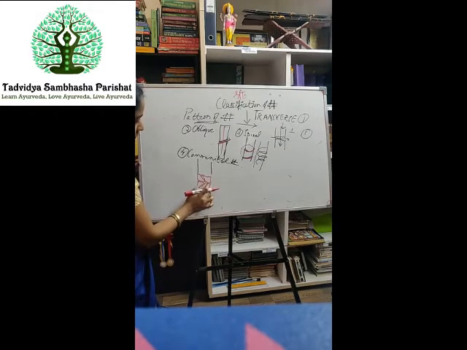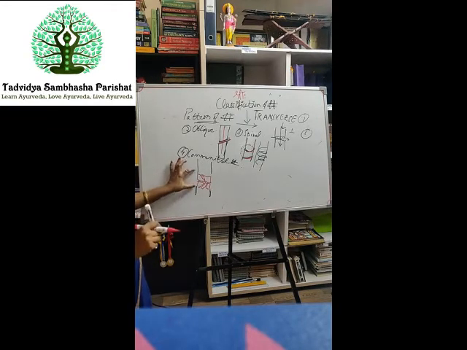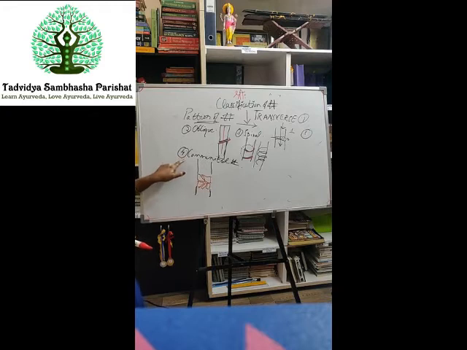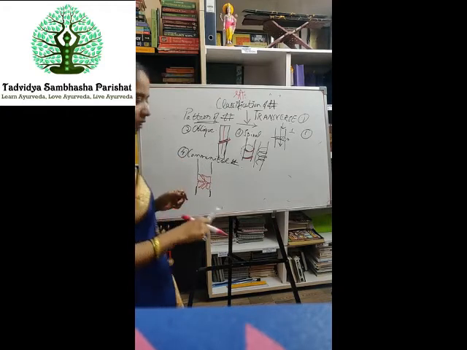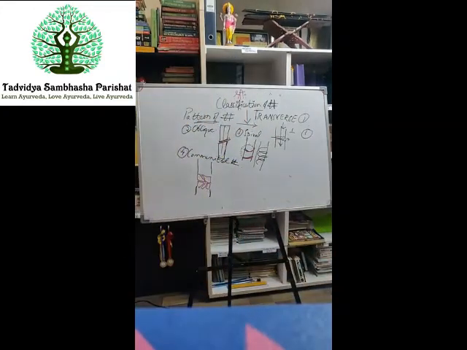The fracture has occurred in this place, but the bone tissue in this place has broken into various fragments. So this is called comminuted fracture.